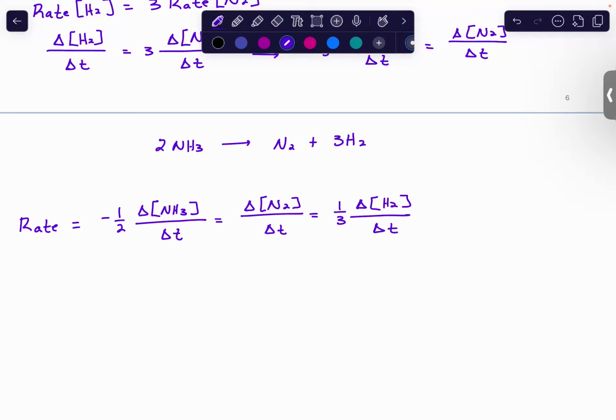You start to notice that these rate expressions are going to be using the coefficients for the fractions. You see that? So you're going to have to multiply each one of these rates by a fraction where the coefficient is in the denominator of that fraction.